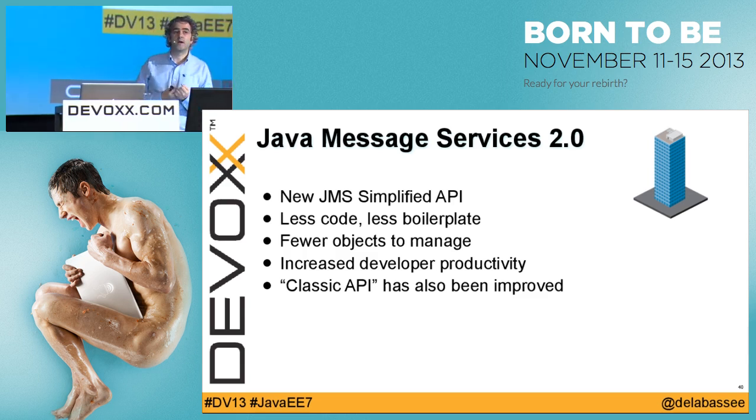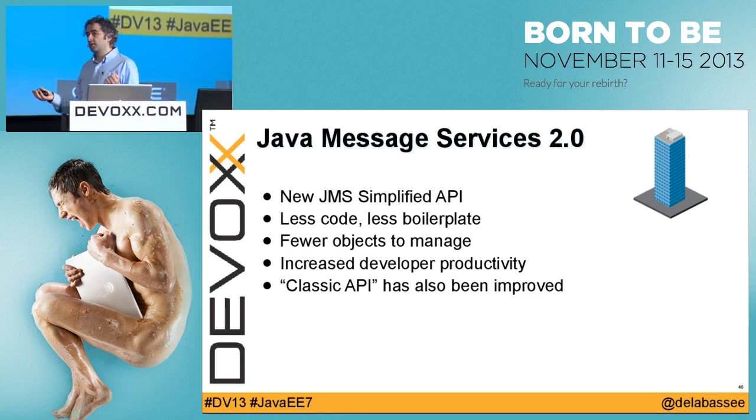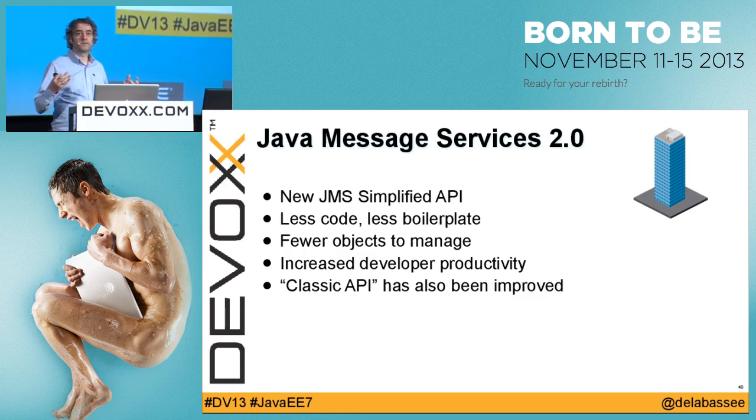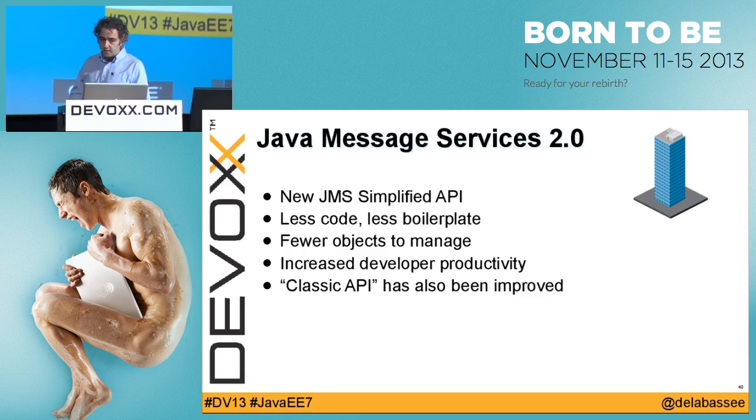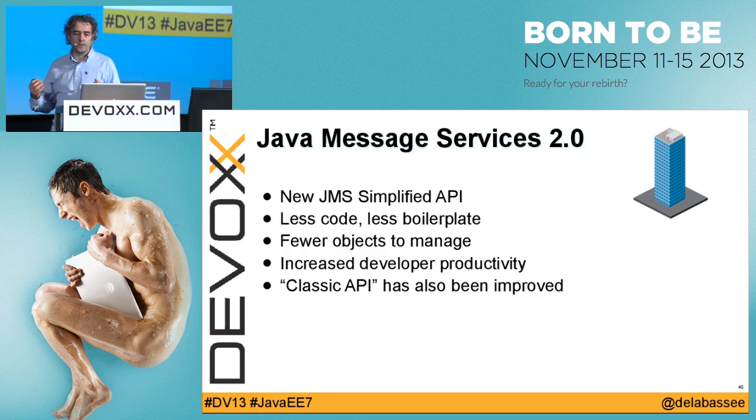So this API has not been able to leverage any of the new capabilities that we have had in the Java platform for 10 years. By Java platform, I mean Java SE and Java EE. That is really the focus of JMS 2: trying to simplify and add the new features that we have in the platform to the JMS API.